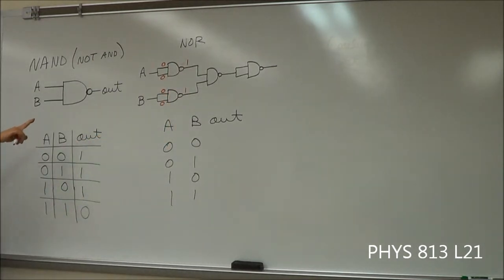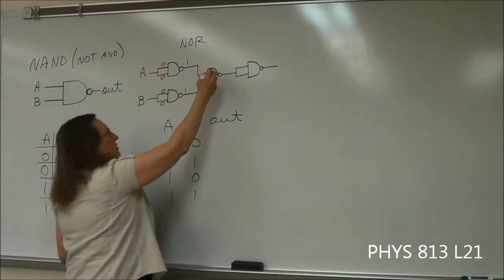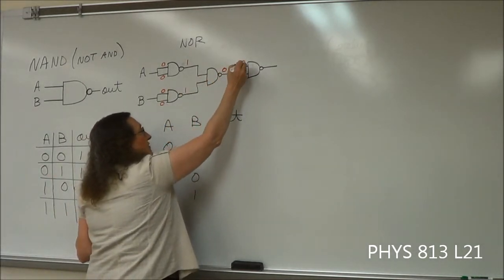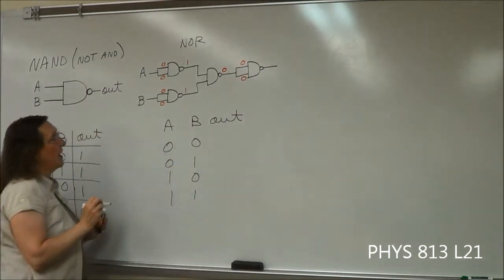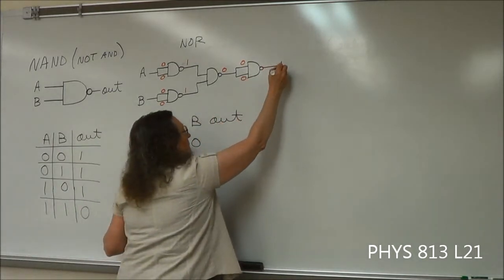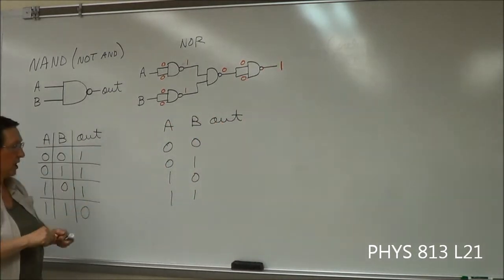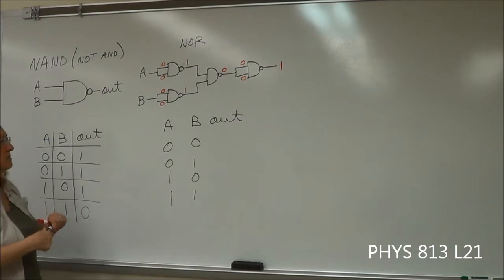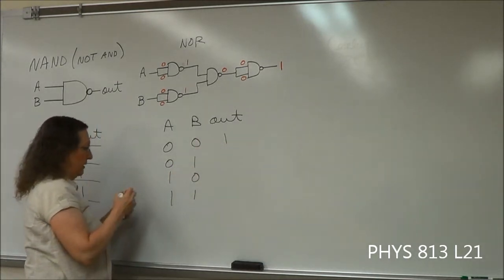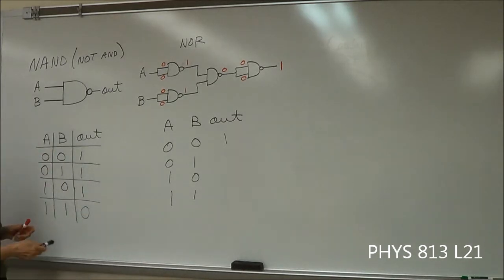Now we have a 1 and a 1 that goes in, and we have 0 coming out. So this is a 0. Now here 0 goes to both of these, so again we have a 0, 0, which is a 1. And if we look at our NOR gate, we find that our 0, 0 gave us a 1. Okay, so that's right.